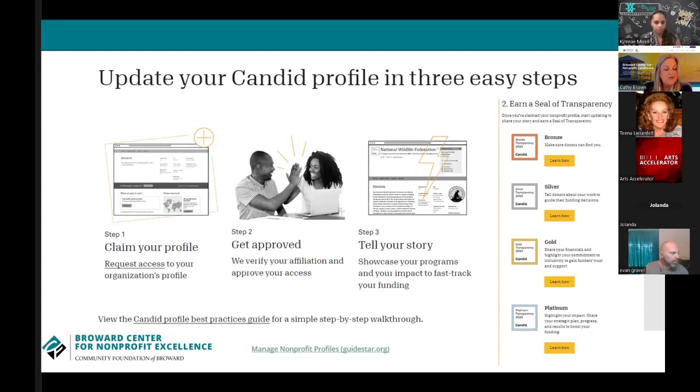You want to be sure that information is as updated as it can be so that they can get a really good, strong picture of your organization.